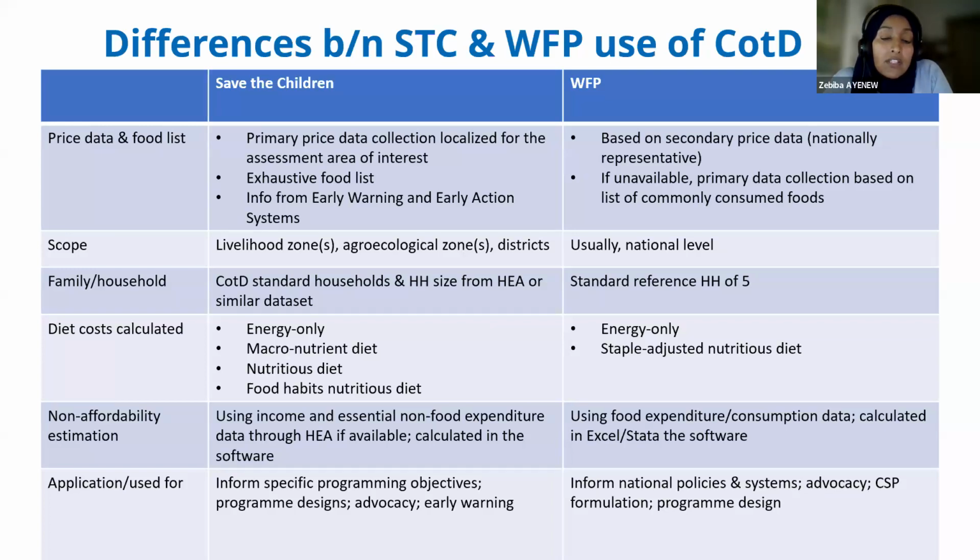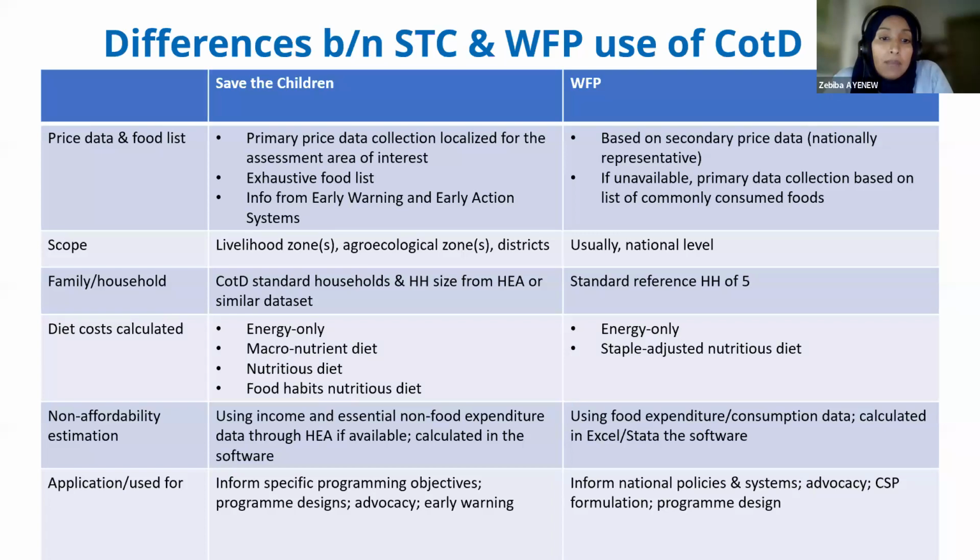Then as far as the scope of analyses, this has also been mentioned, the Save the Children method focuses on livelihood zones and districts, whereas the fill the nutrient gap analysis is usually at the national level, unless there is a request to inform programming in a specific locality. But usually the scope is at the national level.